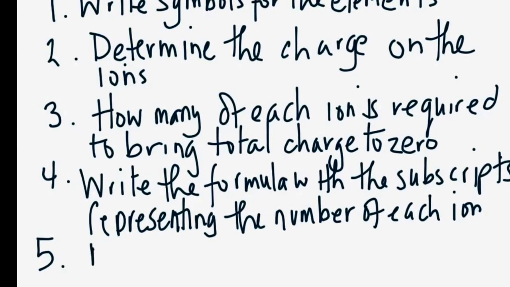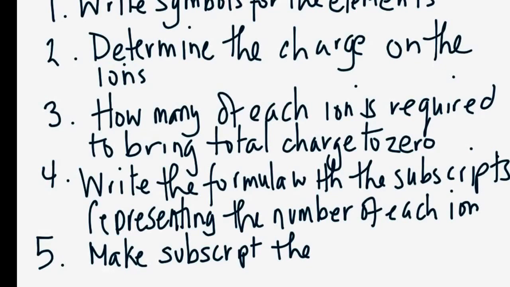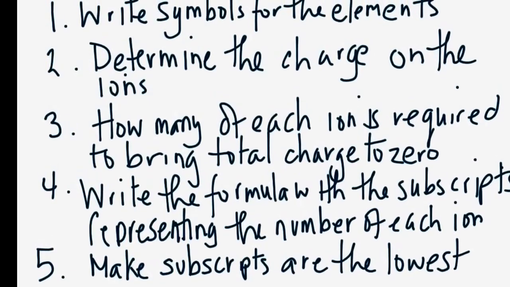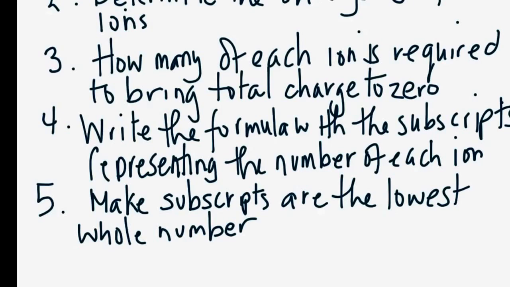Make sure the subscripts are the lowest whole number ratio. So I'll show you a couple of examples using the zero-sum rule, then I'll go over the rules for cross and drop, but you already know those. Most of you do.